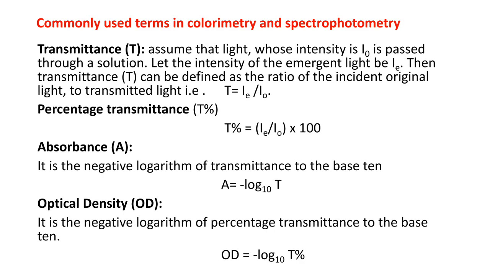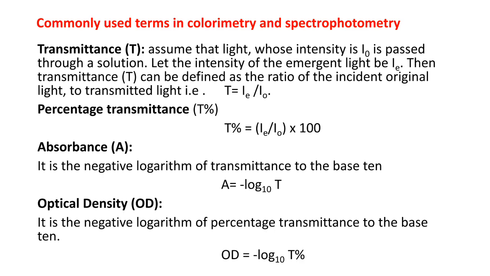So, in this, we will discuss the commonly used terms in colorimetry and spectrophotometry. First one, transmittance, which is T. Assume that light whose intensity is I naught is passed through a solution.